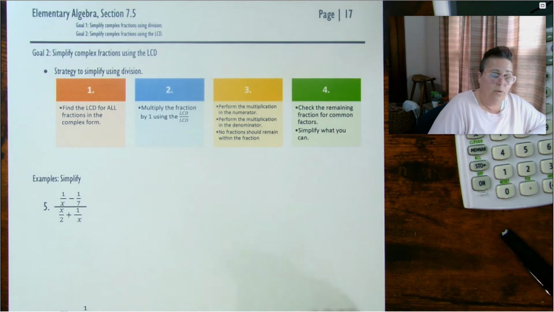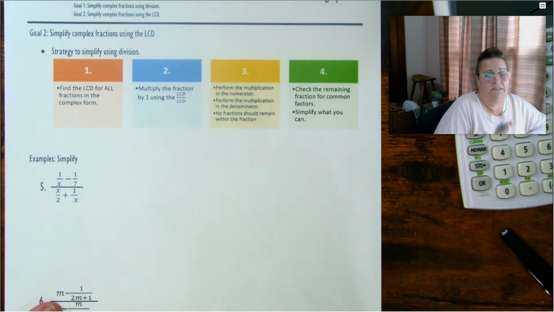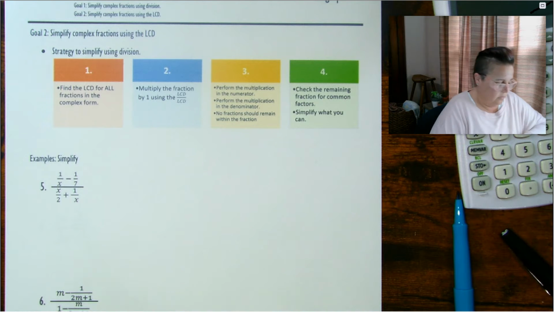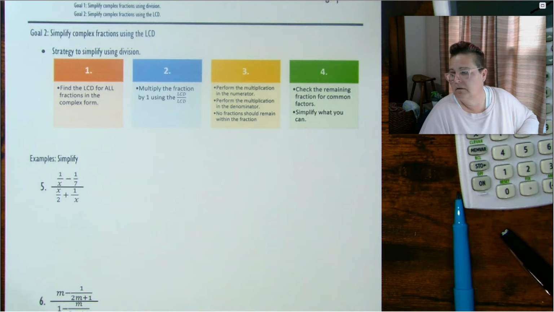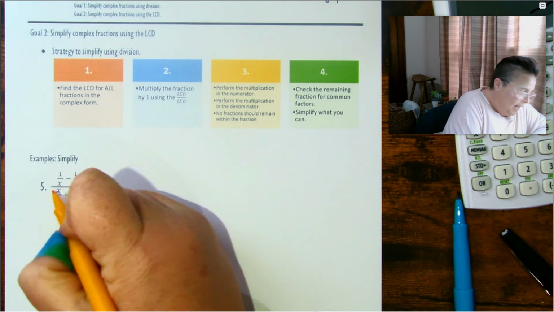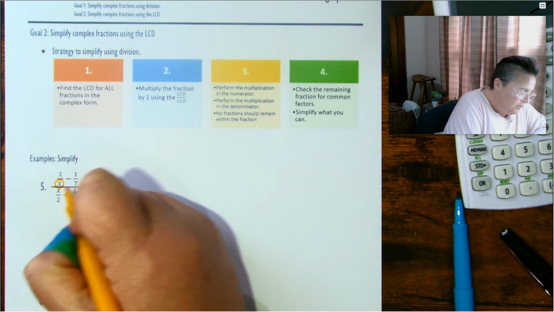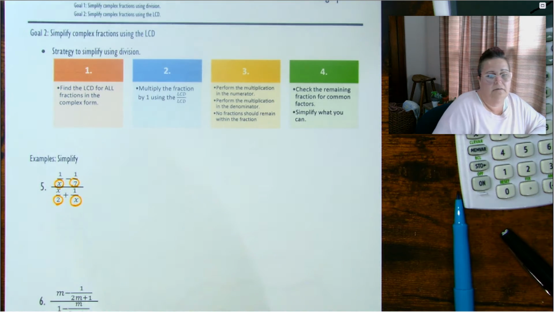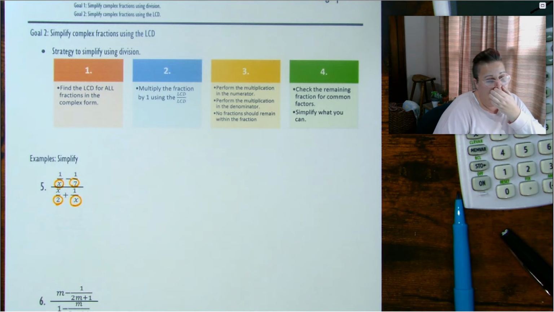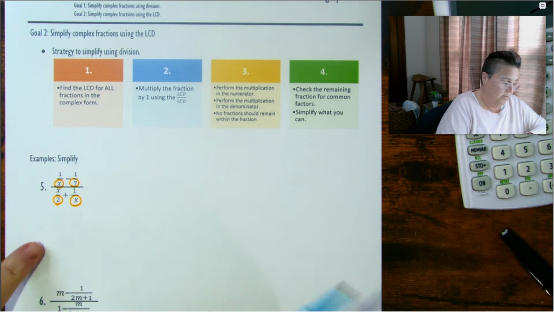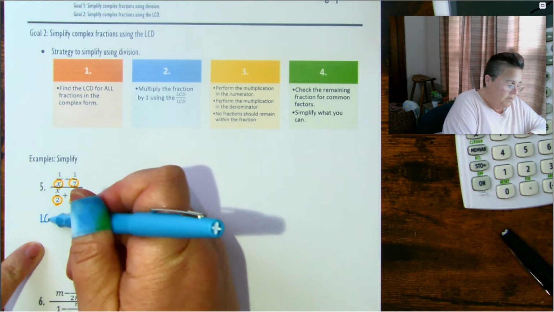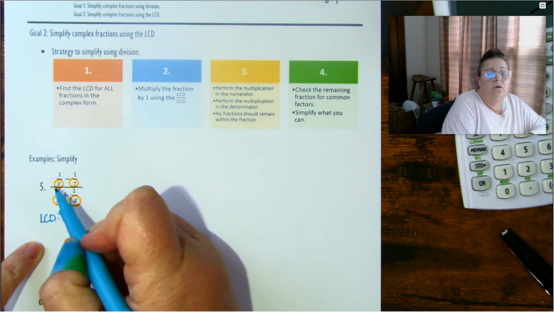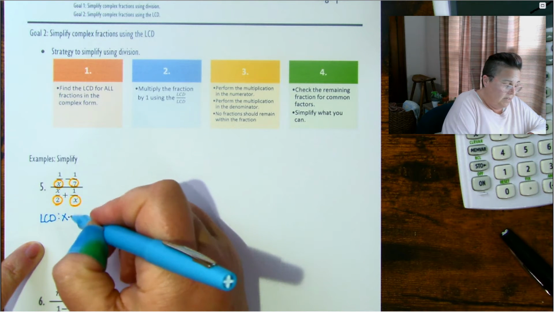Now, problem number 5. Notice our denominators. I'm going to maybe do a color here. I'll do the yellow. I have internal denominators of x, 7, 2, and x, right? So if I look just at the numerator, the lowest common denominator is the first denominator, x, times the second denominator, 7.